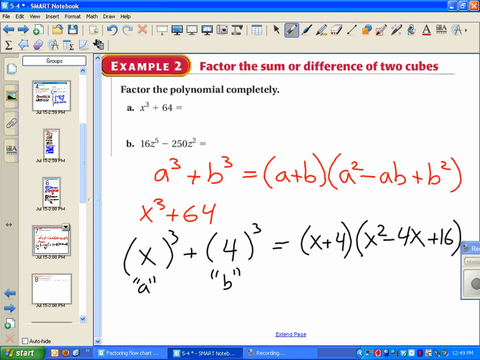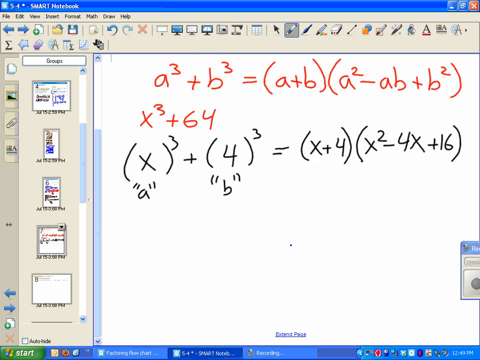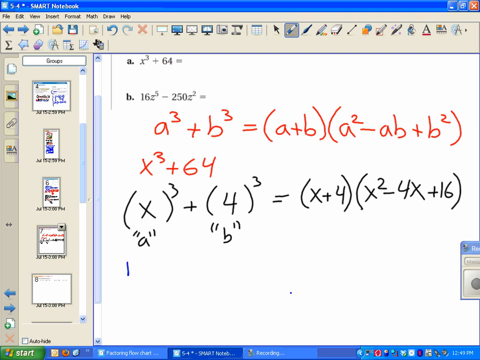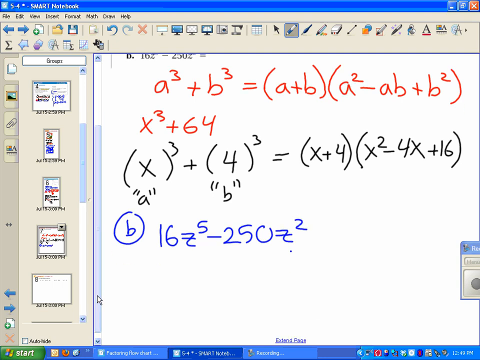And then for b, that would be a difference. So we have part b, it's 16z to the 5th minus 250z squared. Again, you're always looking for a GCF, the greatest common factor. We definitely have a z squared in there and also 2.